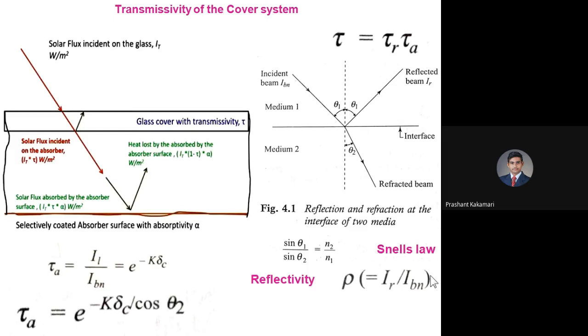That is given by the extinction coefficient. And delta C is the thickness of the transparent cover. So delta C indicates the thickness of the cover plate divided by cos theta 2. Here theta 2 is the angle of refraction.